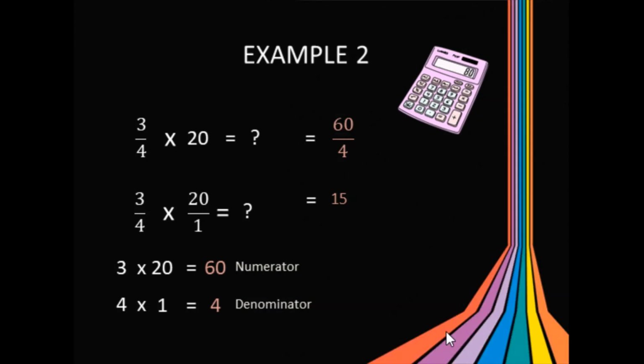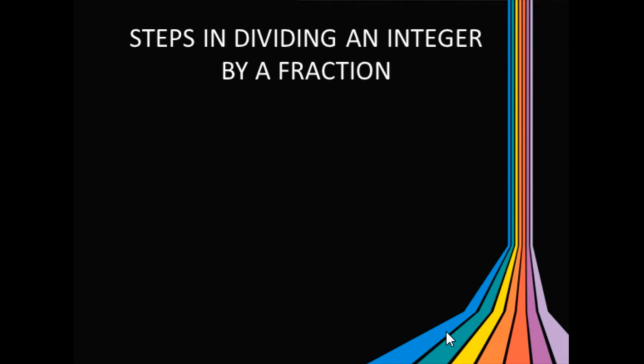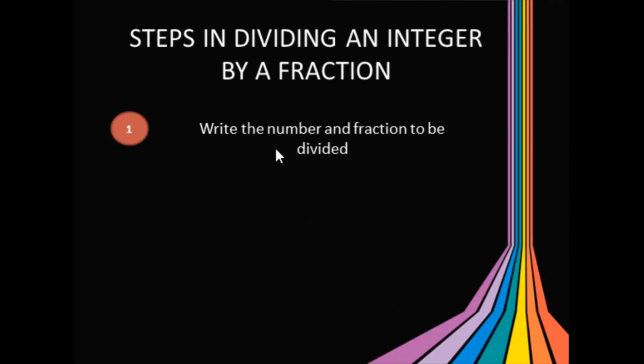Let's move to 2 steps in dividing an integer by a fraction. We are going to divide this time. First step, write the number and the fraction same as multiplication. So we have here 12 divided by 3/8 equals, okay, step 2.